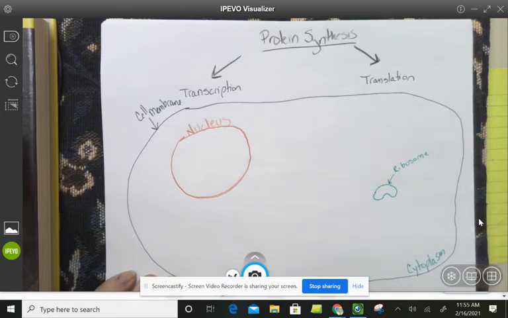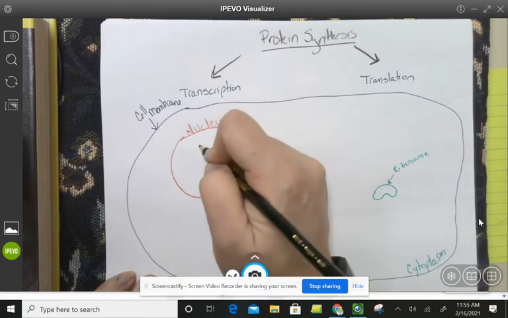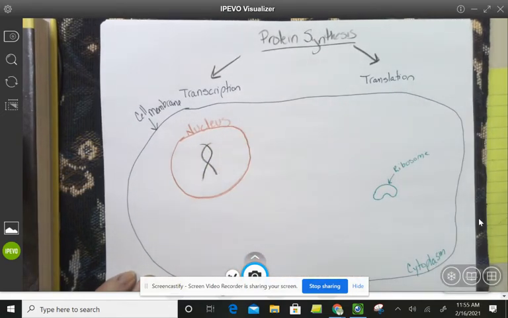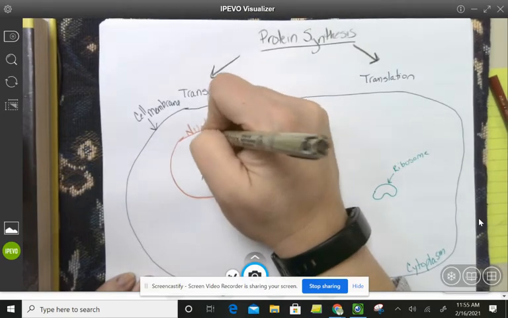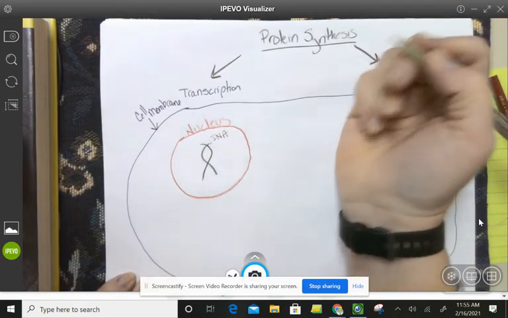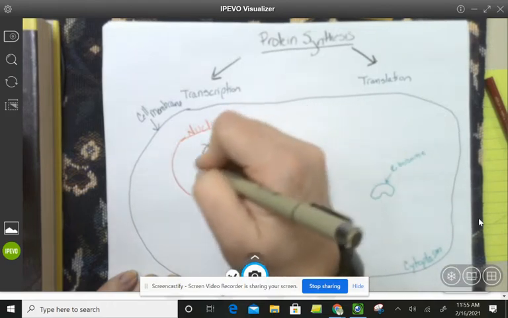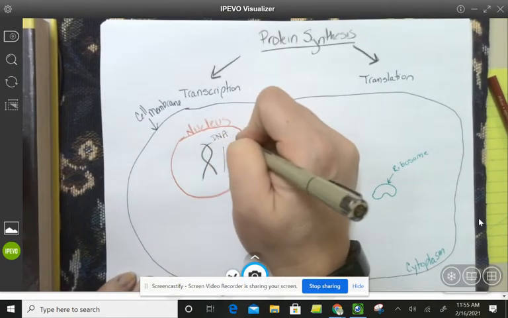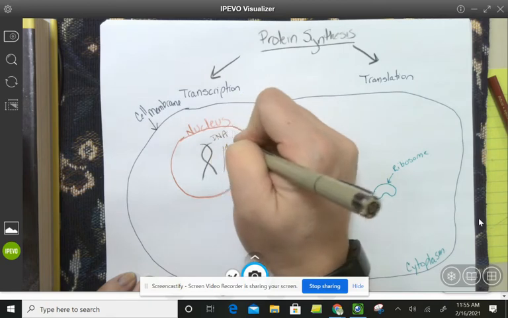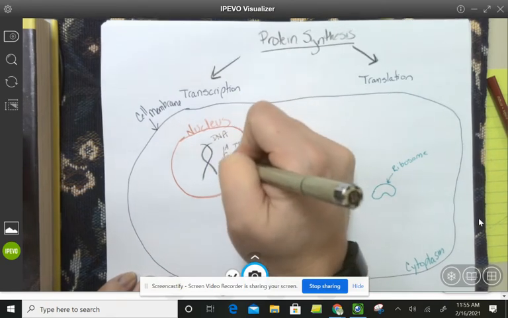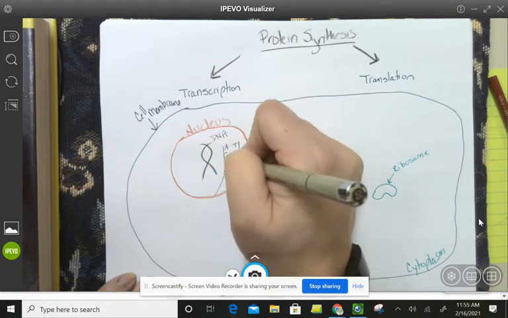All right, so what do we know is living inside of the nucleus, trapped inside the nucleus? We know that it's the DNA. All right, and if we zoom in on this guy here and unzip it, we might see an A, T, G, C, T, A. Let's make it 6.